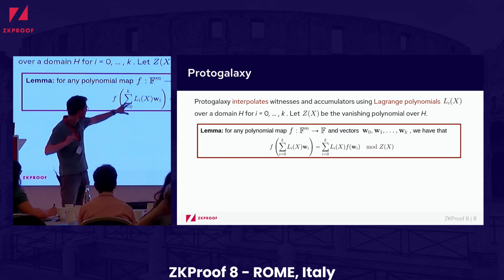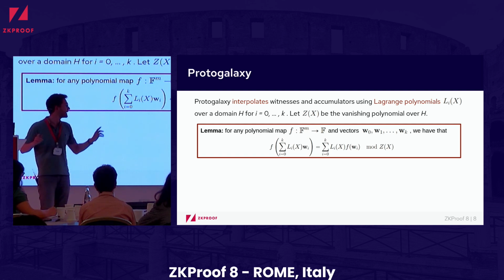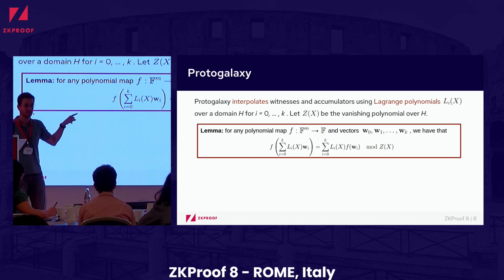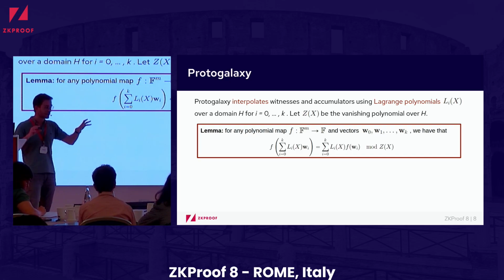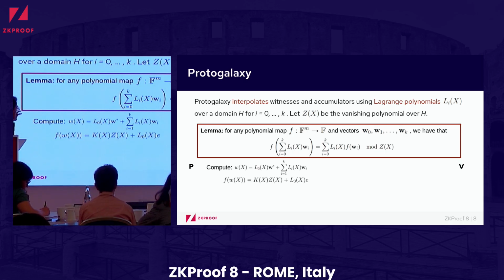So if we consider this sum and we consider that these vectors are actually valid witnesses, the sum on the right is going to be 0. But not for the accumulator, because the accumulator is not a valid witness. So the accumulator is exactly going to be E, f of w star. And this is the trick that Protogalaxy uses to connect the previous error of the accumulator and the new error of the accumulator. So it works as follows.